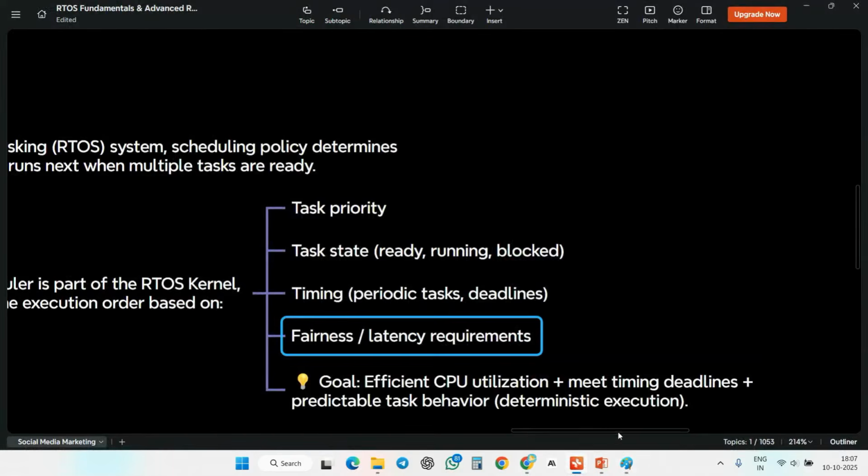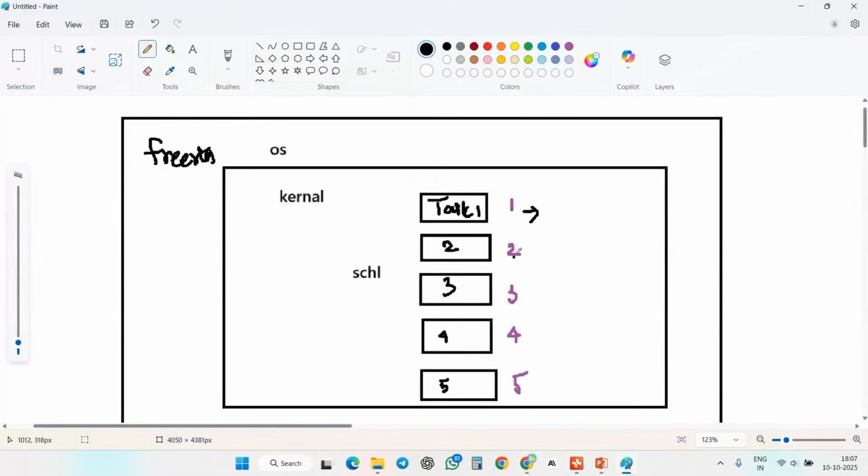And latency requirement. We already discussed latency. If I execute this task, say I'm going to start the task at 6 7, but the task actually started to be executed at 33.